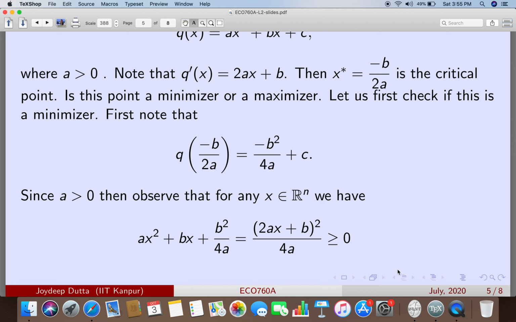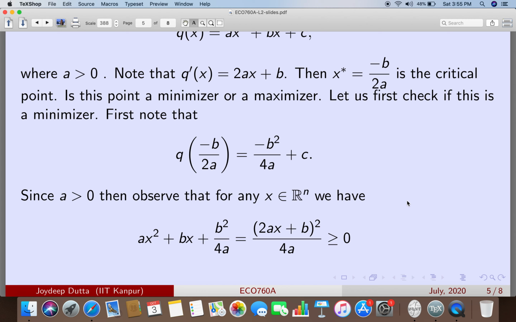So here what we get is actually a global minimizer, that is, x star equal to minus b by 2a is a global minimizer. When a is strictly bigger than 0, it is not only a global minimizer for the quadratic function, it has the property that when x is not equal to minus b by 2a, ax square plus bx plus c, that is q of x, is strictly bigger than q of x star.